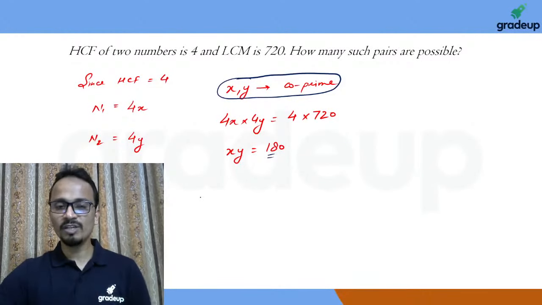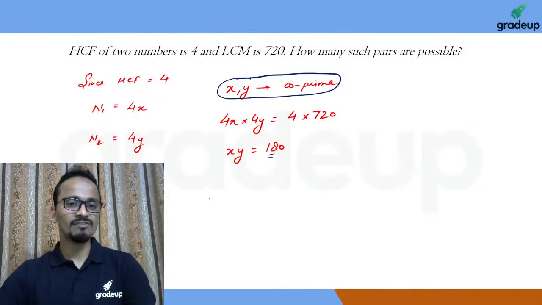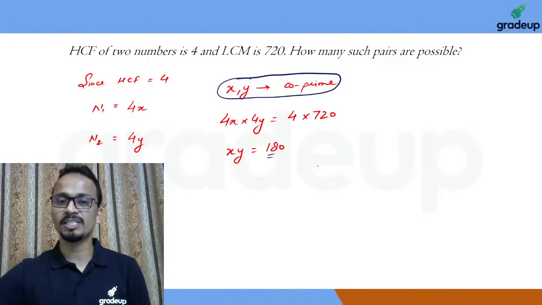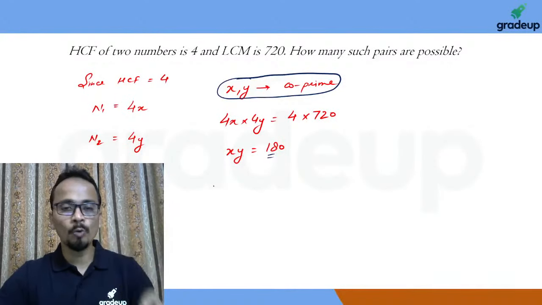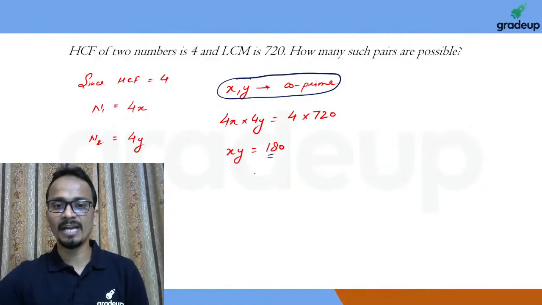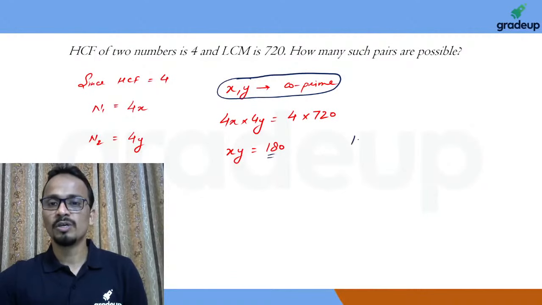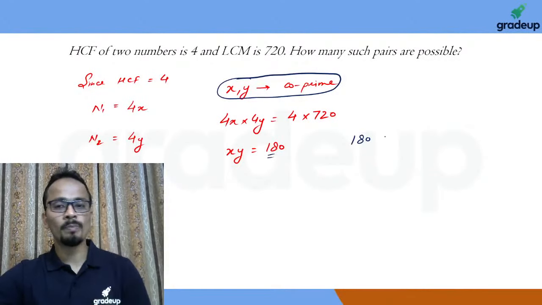So what we'll do is we'll use the third formula that we have done in yesterday's lecture, and the formula we have just discussed at the beginning of this lecture as well. The formula was the number of ways of writing a number as the product of two co-prime factors. So let's go ahead and use that formula. I want to find out the number of ways of writing 180 as the product of two co-prime factors.